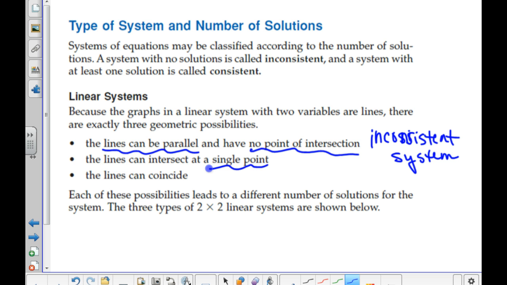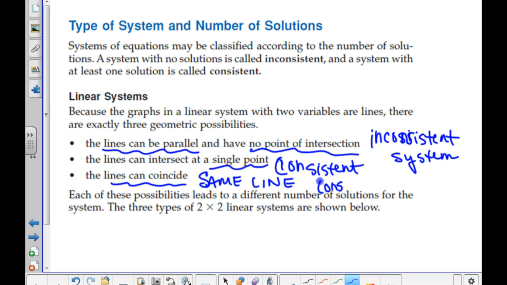If they intersect at a single point, it is called consistent, because basically consistent means has at least one solution. And lines that coincide, that means they're right on top of each other, they're really the same line. Okay, and that is also called a consistent system.